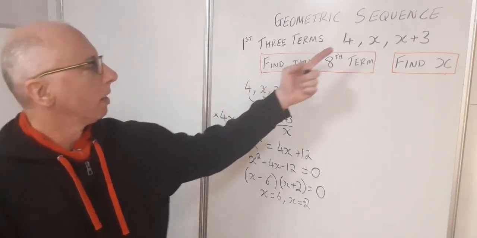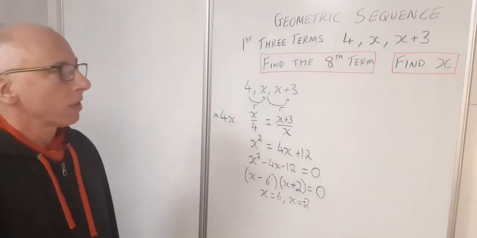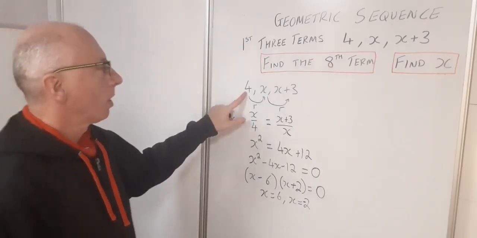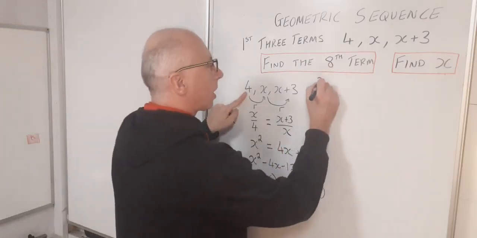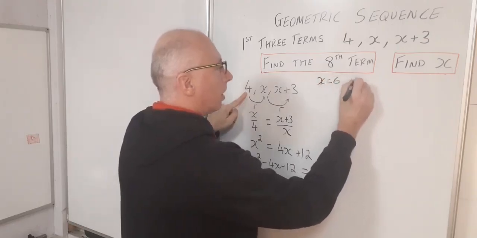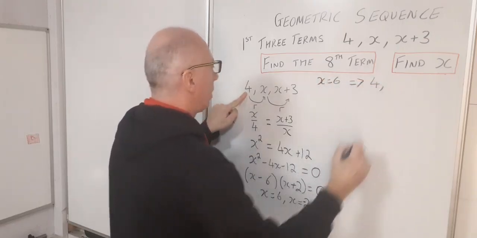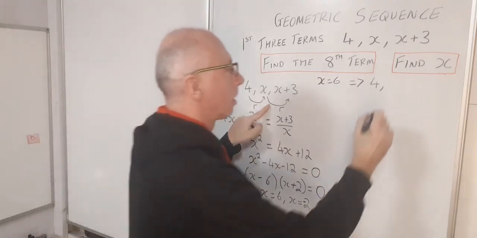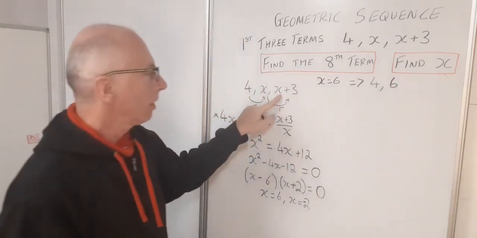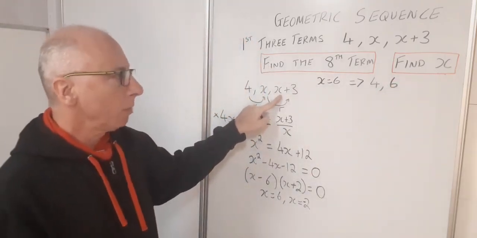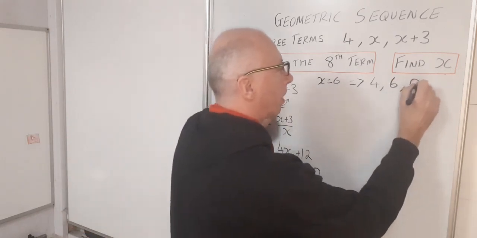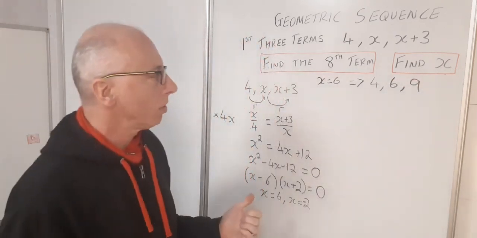Let's just plug them in to our geometric sequence and see if they work. So for x equals 6, I've got 4, 6, and here I've got 6 plus 3, which is 9. Okay, now is that a geometric sequence?